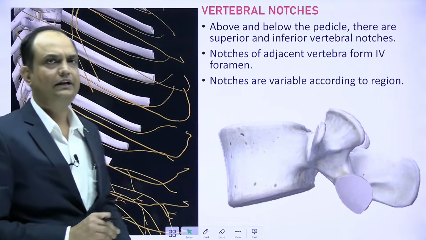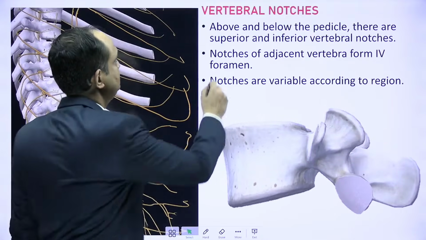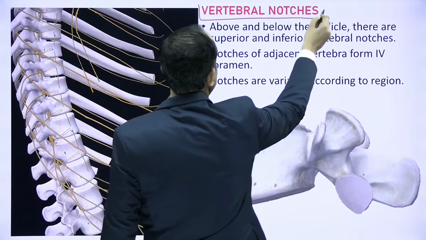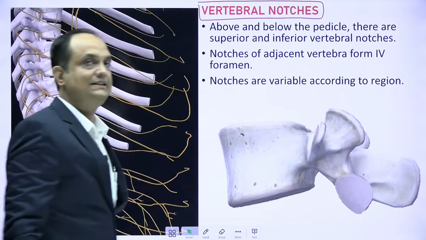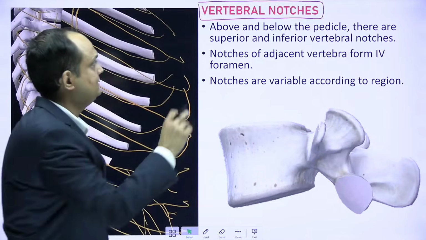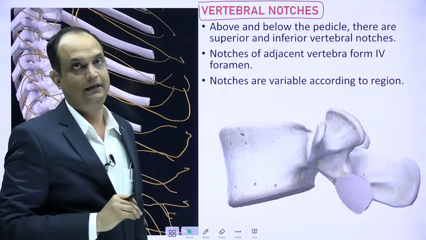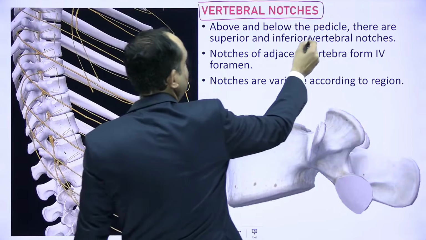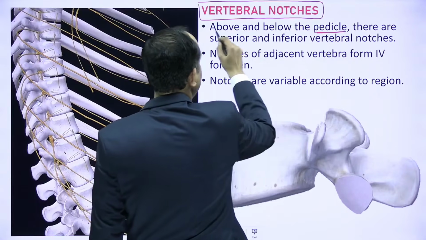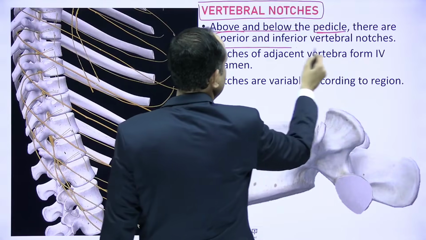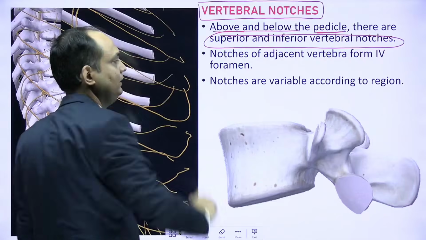Now there is one more term: what do you mean by vertebral notch? When you see the pedicle, it is a feature above and below the borders of the pedicle. Above the pedicle and below the pedicle you have the superior and inferior vertebral notch.